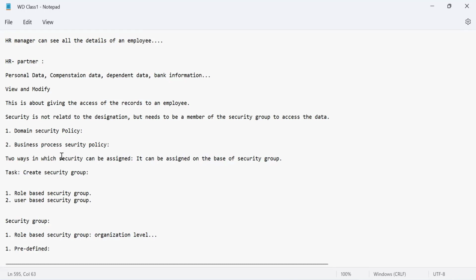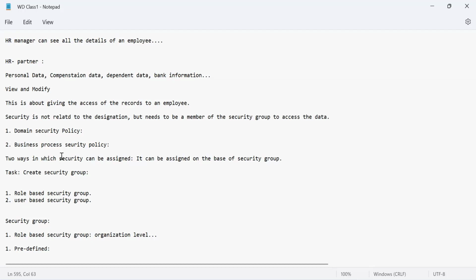Second, for every employee, as per their responsibilities and work, we create a role. As per that role, permissions are given onto the security groups, so we assign the role to that security group. Once you assign the role to the security group, the permissions are inherited by the role.